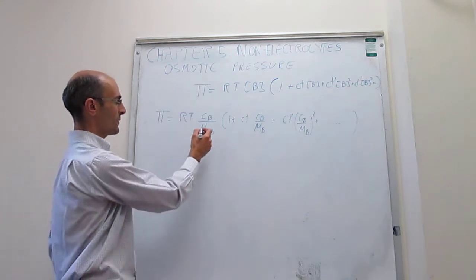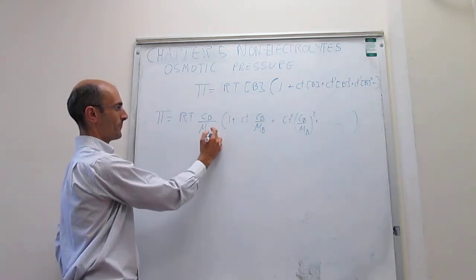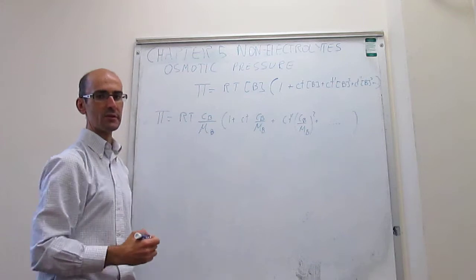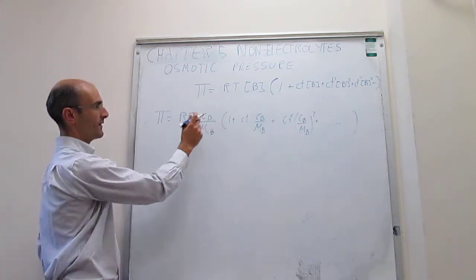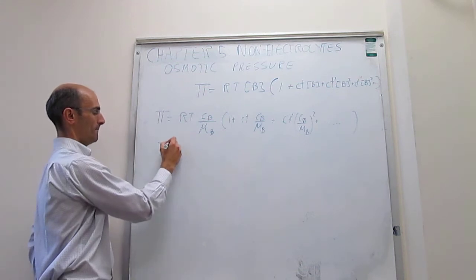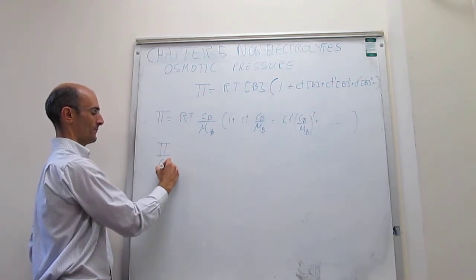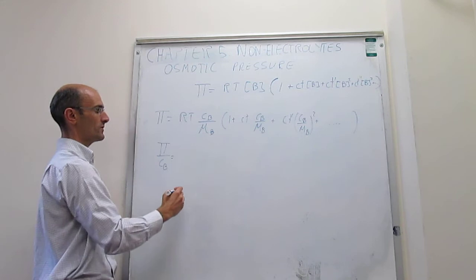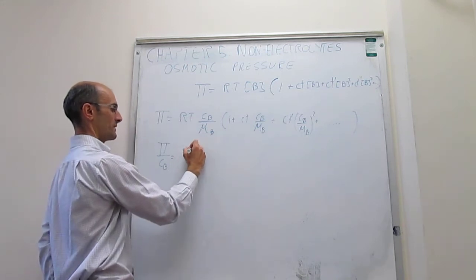Okay, so here's where the molar mass would be. Alright, we're going to modify this expression further by dividing everything over the mass concentration, just because it makes things a little easier.